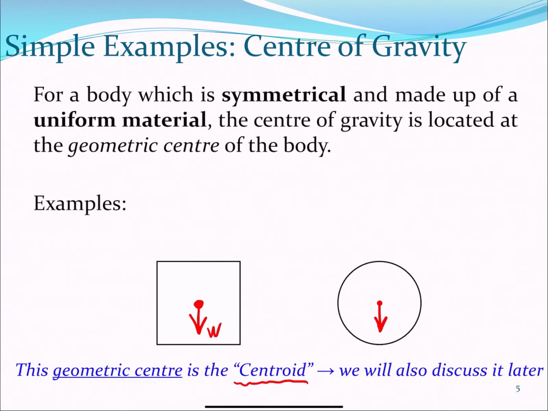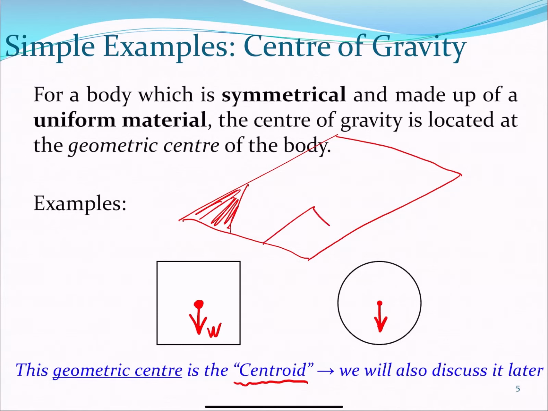Now, this is the concept. Let's say you take a piece of paper, and you cut that piece of paper in an arbitrary way, right? So it used to be rectangular, and then you cut some pieces off arbitrarily. You cut some pieces off like this. And then you remain only with the white part.